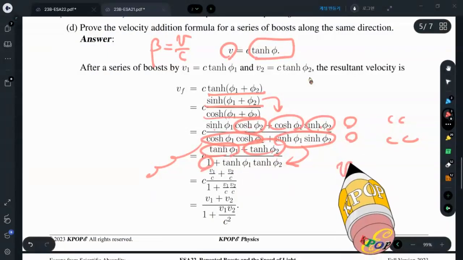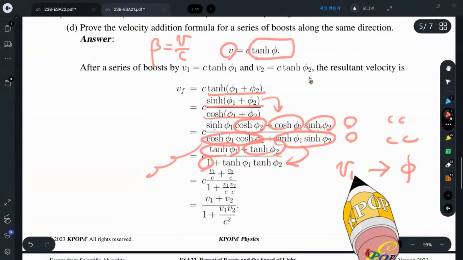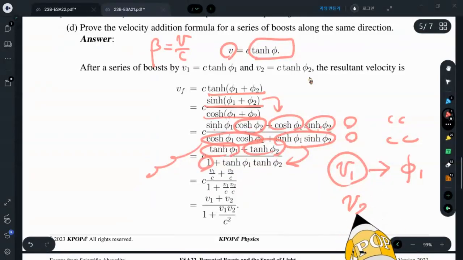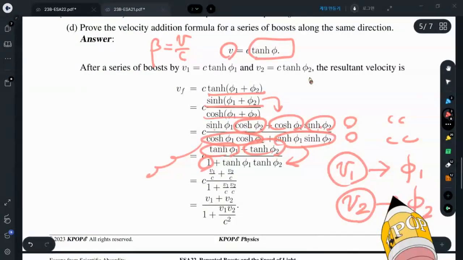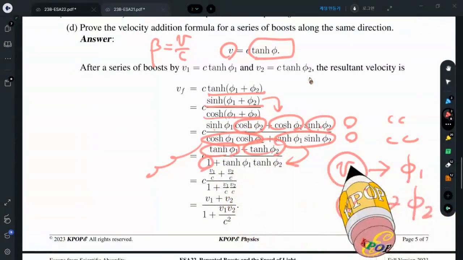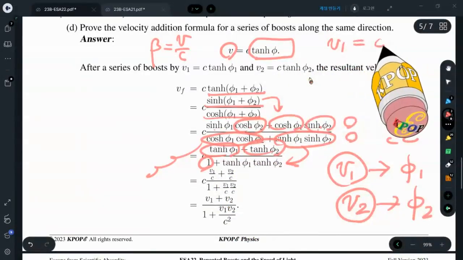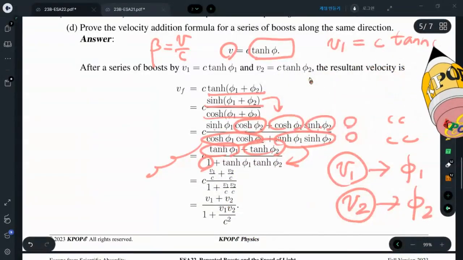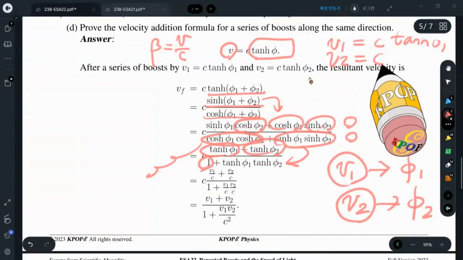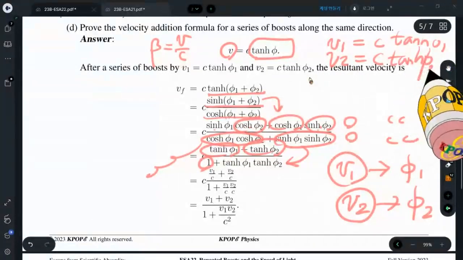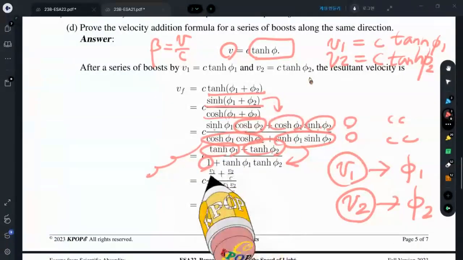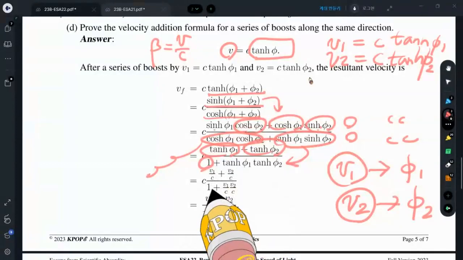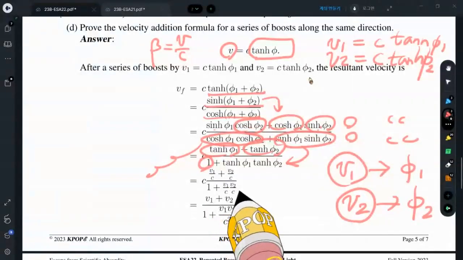Remember, you boost with phi 1 first with the velocity v1, and then with the velocity v2, parameterized by phi 2. Therefore the tangent hyperbolics are replaced with v1 equals c tanh phi 1, v2 equals c tanh phi 2. Substituting, I get the sum of v1 and v2 over 1 plus the product of v1 and v2.